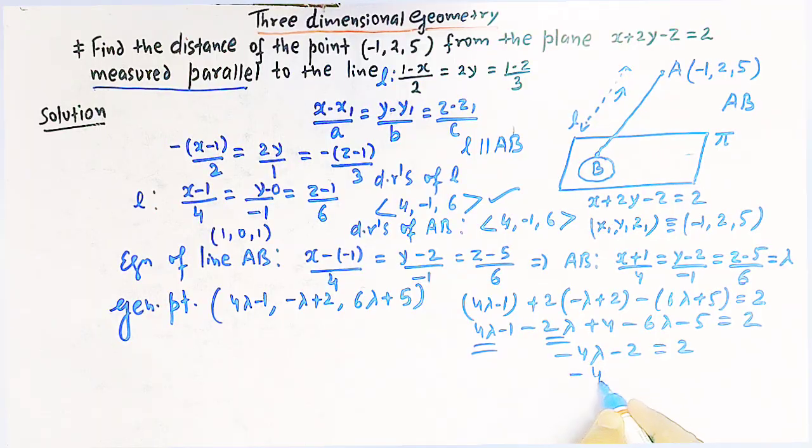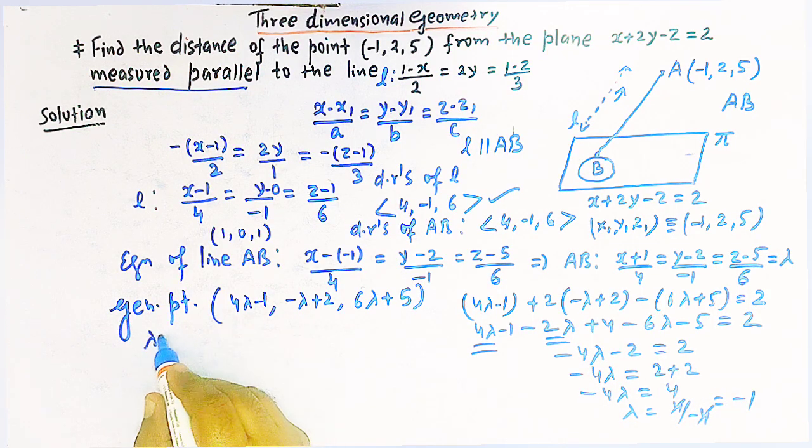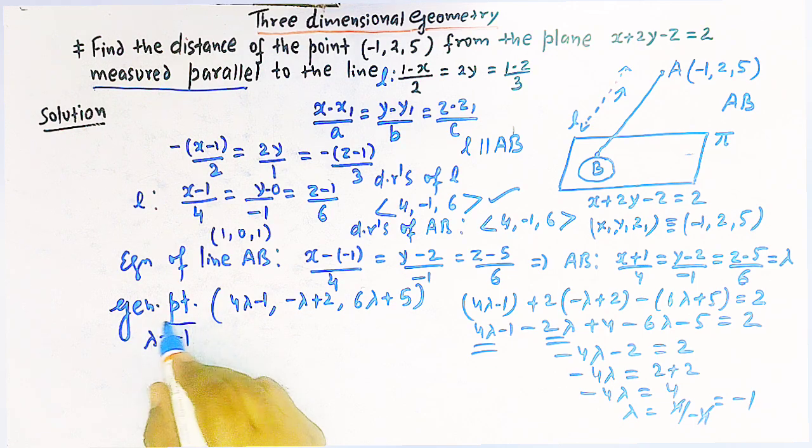So now from here we have minus 4 lambda, taking minus 2 to this side, we have 2 plus 2, minus 4 lambda is equal to 4. Lambda is 4 over minus 4, that is equal to minus 1.